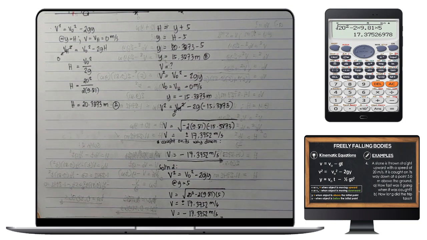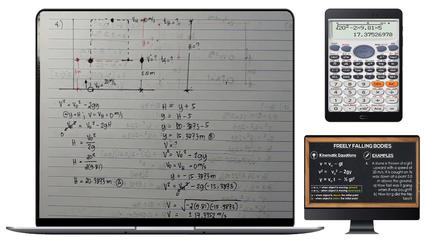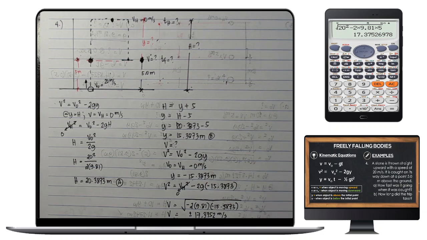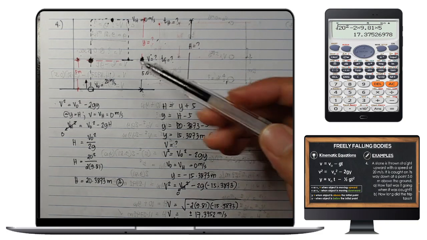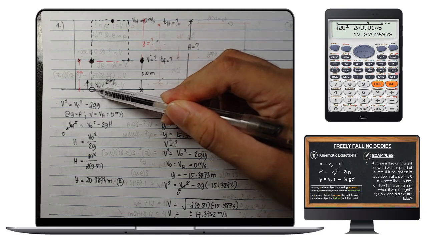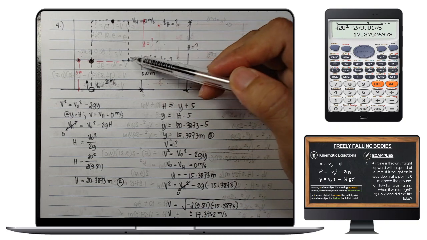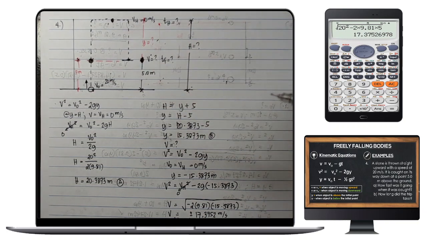Okay? So, let's find the time to take, yung time of flight natin or yung how long did the trip take. So, going back sa ating figure, yung trip natin naging ganito. From the ground, going to the maximum height, then from maximum height papunta dito sa 5-meter mark.